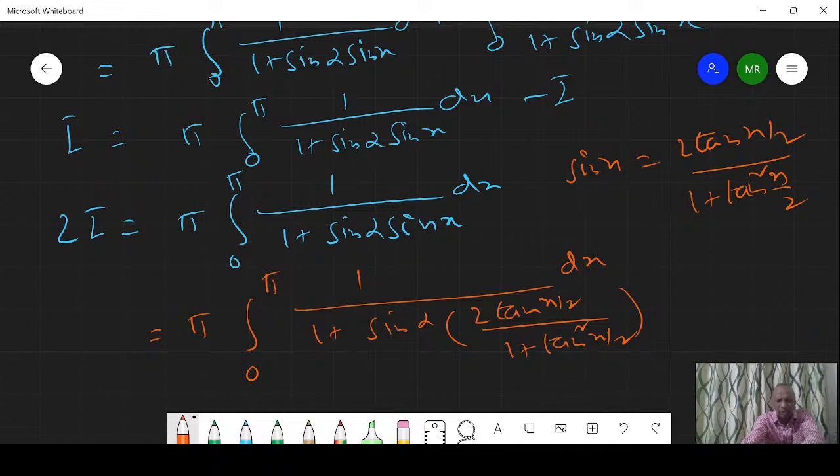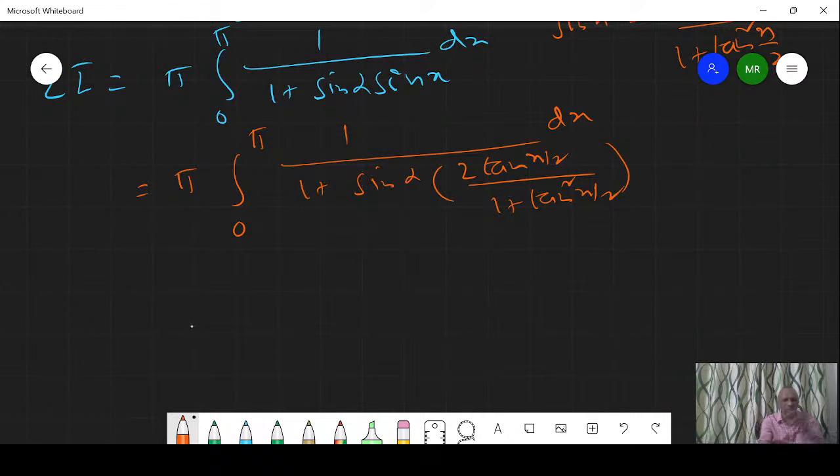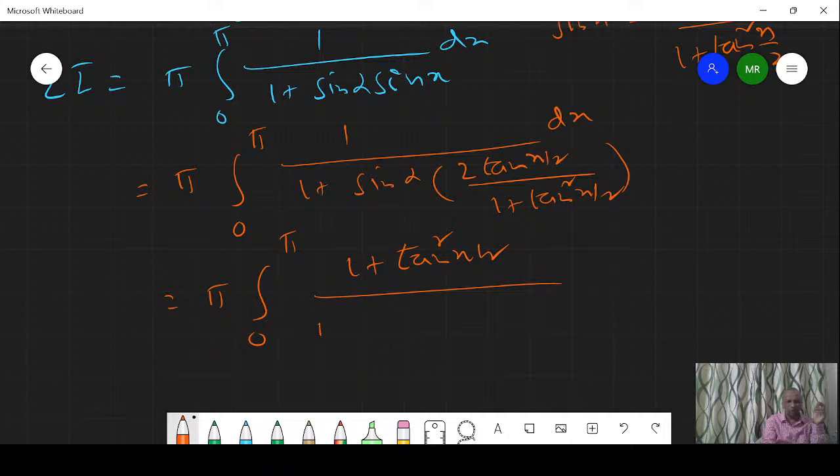Now take the LCM here. This will become pi into integral 0 to pi of 1 plus tan square x by 2 by 1 plus tan square x by 2 plus 2 sine alpha tan x by 2 dx.